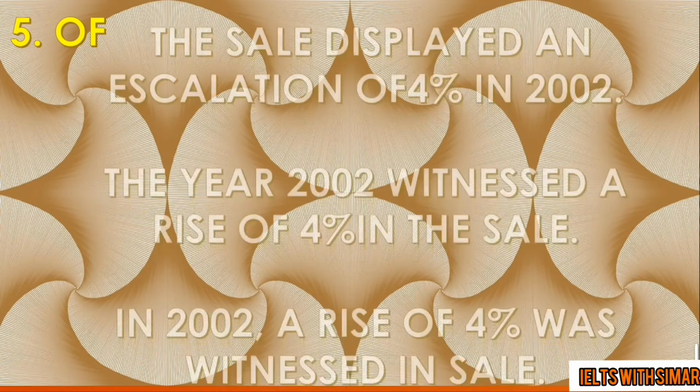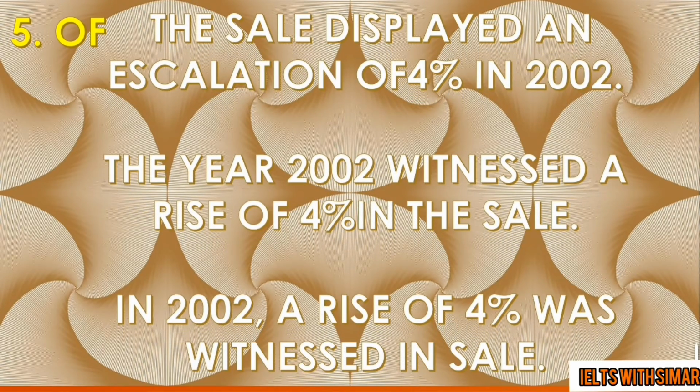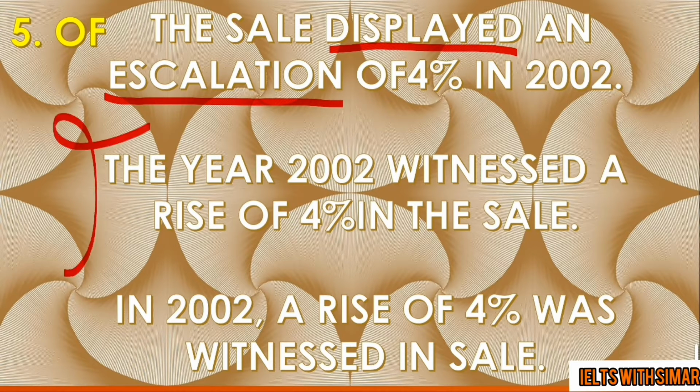It is the next slide and there are 3 examples on the screen. Read the first example: the sale displayed an escalation of 4% in 2002. Here, displayed means showed and escalation means increase. It's a very simple structure, but the second example is really very important. The year 2002 witnessed a rise of 4% in the sale.